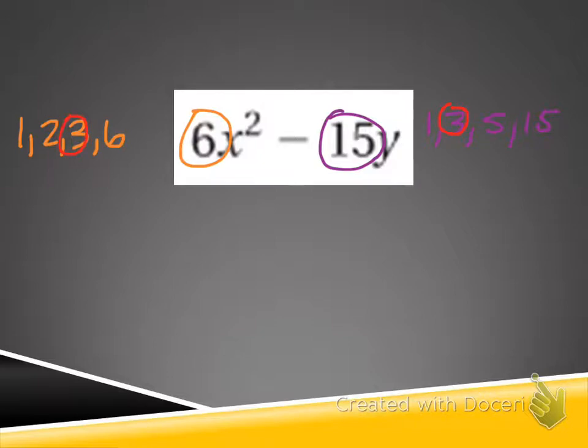So that means we're going to divide 6 and 15 by 3, or factor out a 3 from both terms. We write that 3 on the outside of the parentheses, and then we do 6 divided by 3, which is 2, and we bring down the x squared. And then 15 divided by 3 is 5. That's as simple as that. That's how we find the greatest common factor and factor it out of, in this case, a binomial.